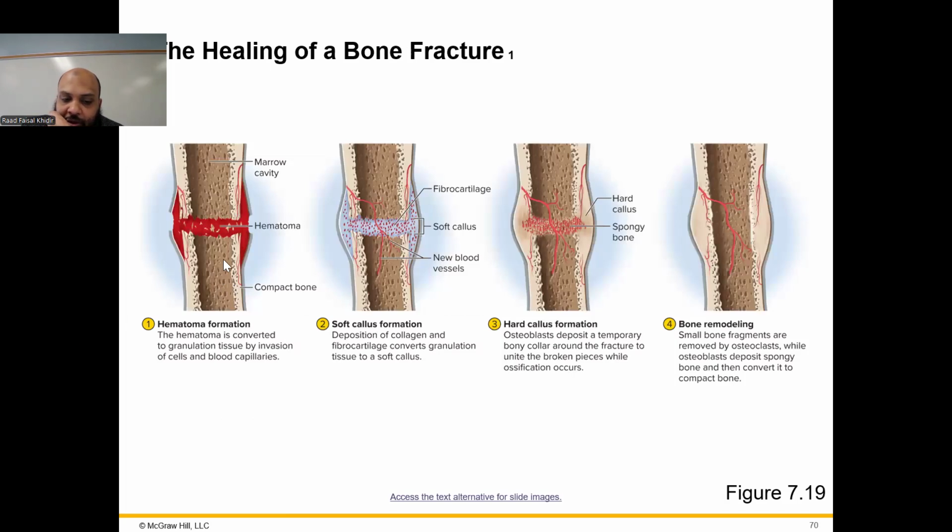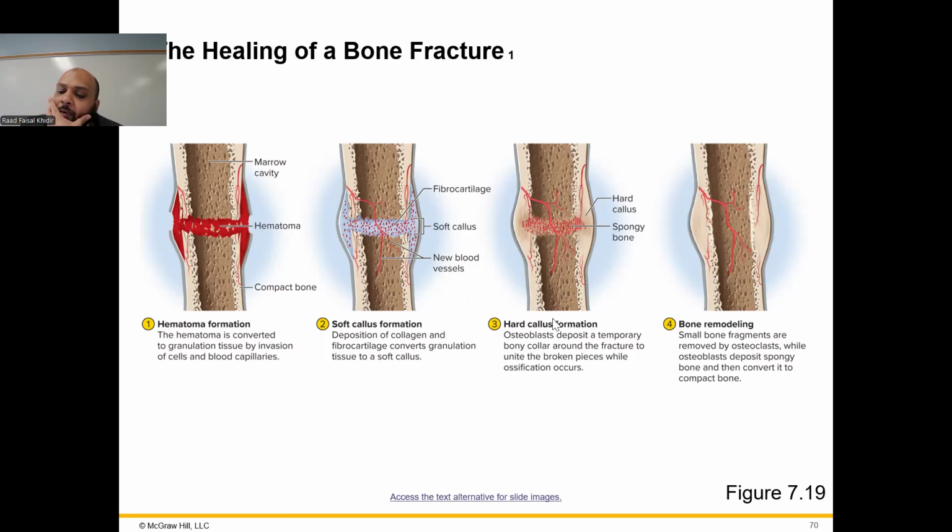So you see that's the hematoma formation. The hematoma is converted to granulation tissue by invasion of cells and blood capillaries. In the soft callus formation, you have the deposition of collagen and fibrocartilage that converts granulation tissue to a soft callus.